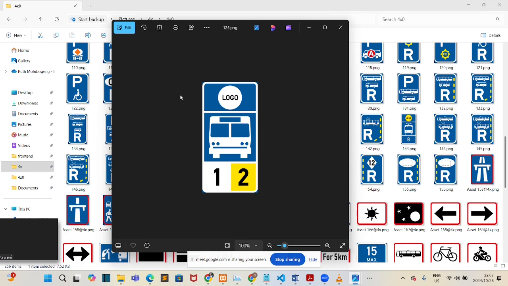C. It indicates that a driver from another company or organization may use the bus stop at any time other than that indicated on the road sign. A. Yes, pick up and drop offs. So that's correct. A was the correct answer.